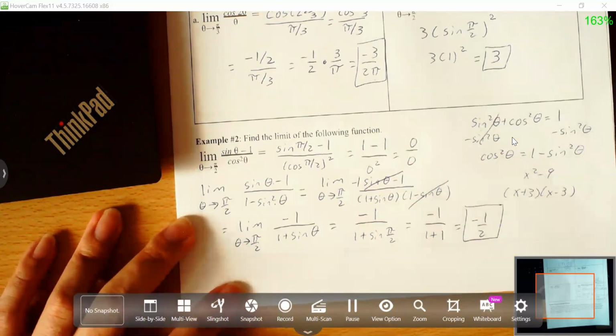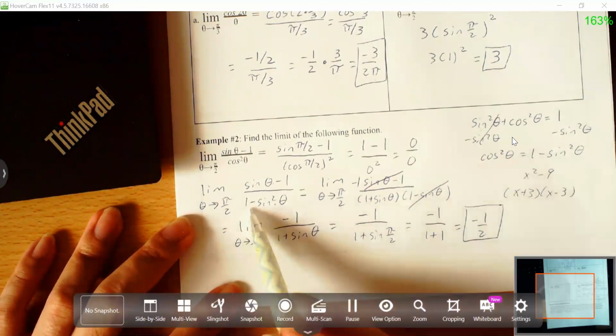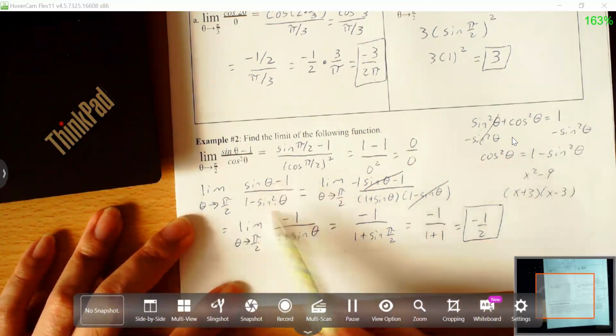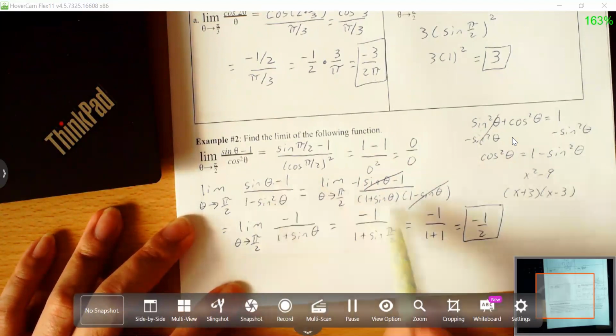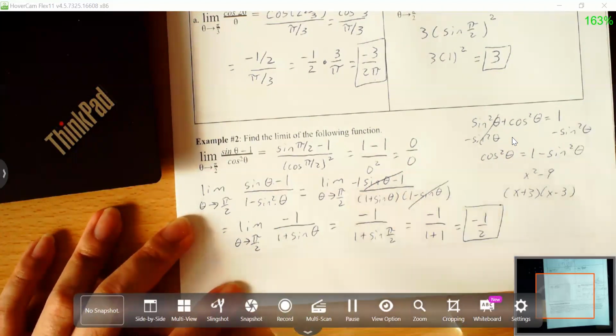Okay, so we did a lot there. We found that it was indeterminate form. We saw that we needed to use trig properties to manipulate our trig expression. We factored by using difference of squares, canceled, remember that this is -1, and then after that, you can just substitute.